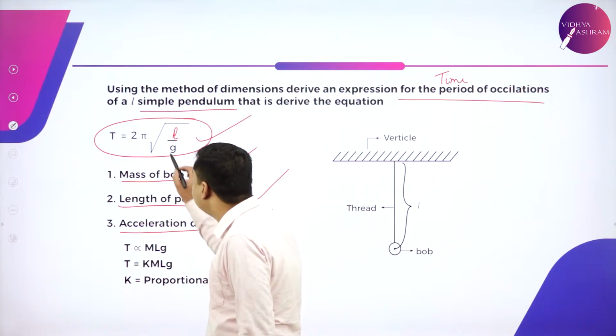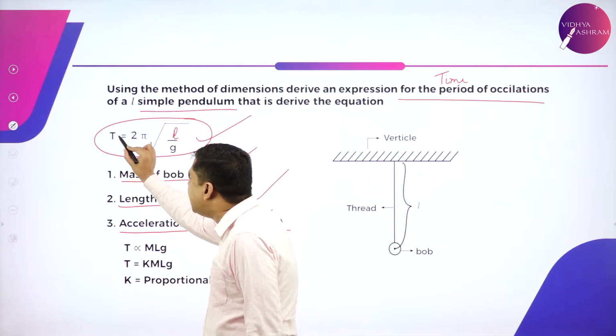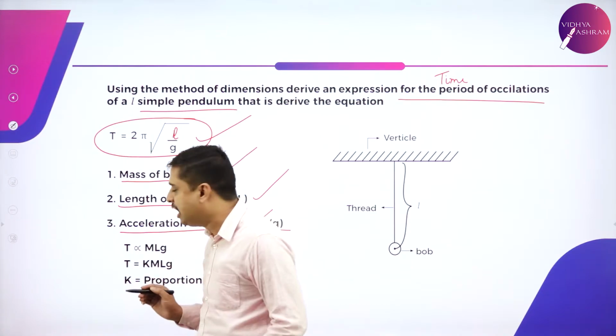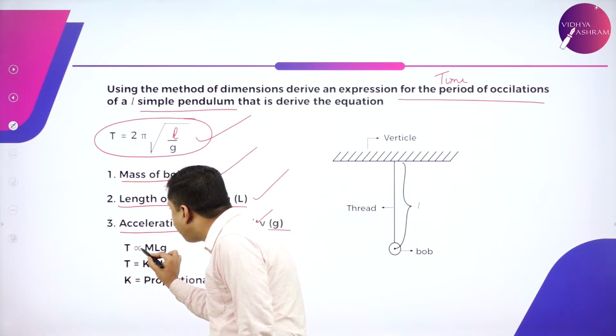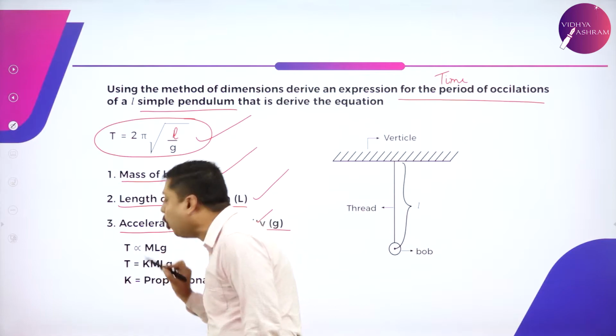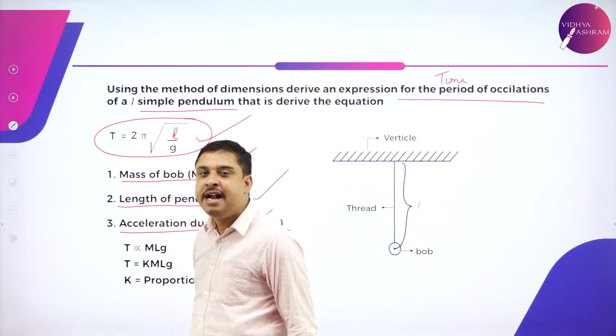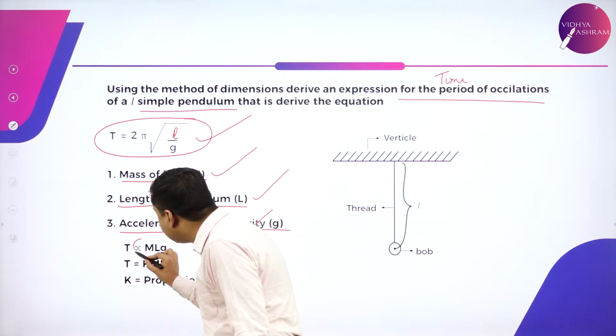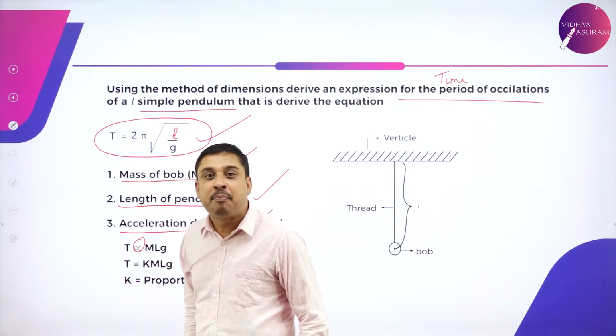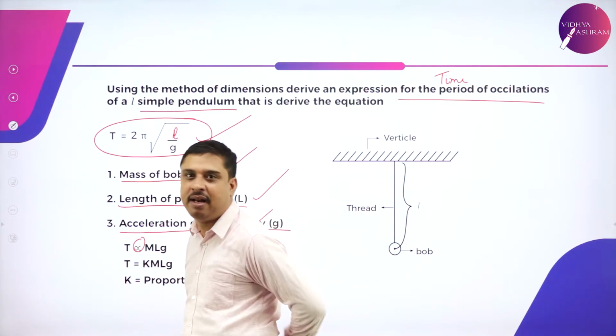Therefore, I write T, time period of oscillations, proportional to, or depends upon, this symbol is called the proportionality symbol.